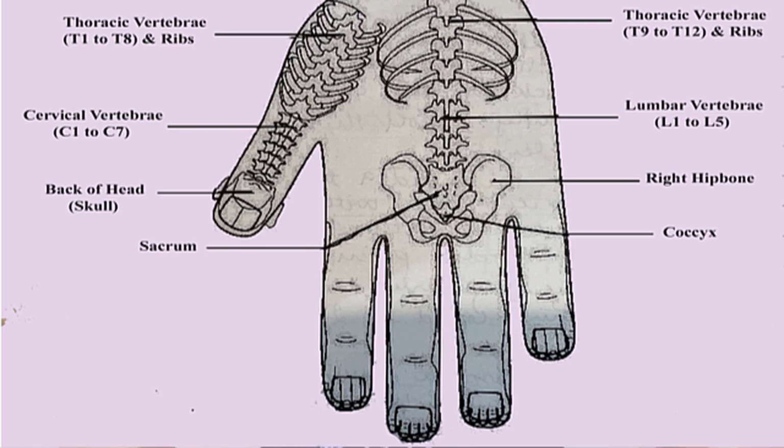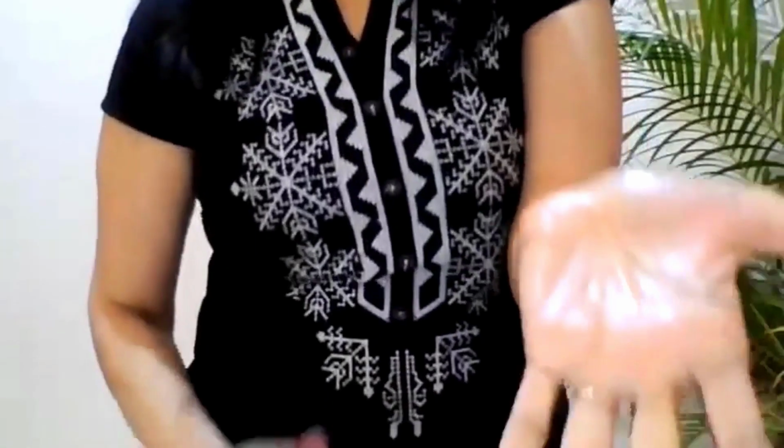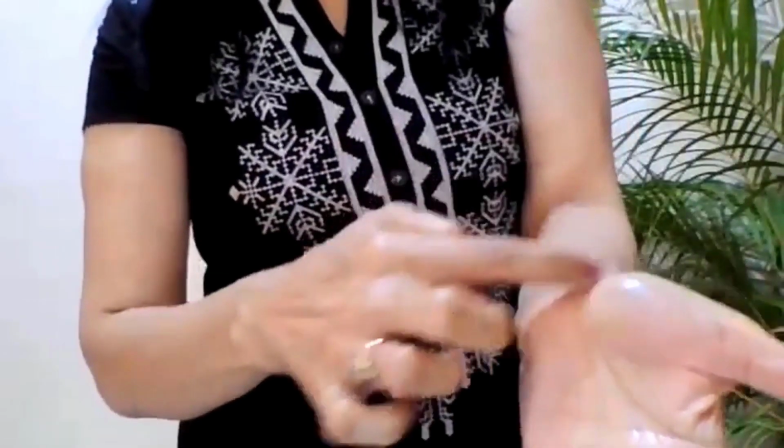And below the waist region, below the diaphragm, in the back, what do we have? First of all, we have the remaining 4 thoracic vertebrae, T9 to T12. Now, when we have to see the back also, below the diaphragm, our hand is supposed to be like this. So when you have to see the back of the trunk, the diaphragm is this.